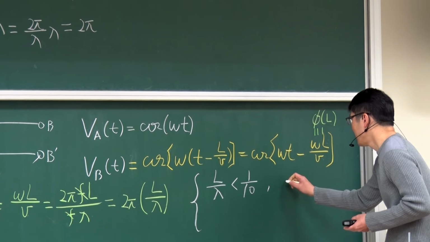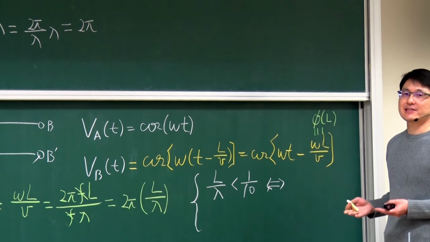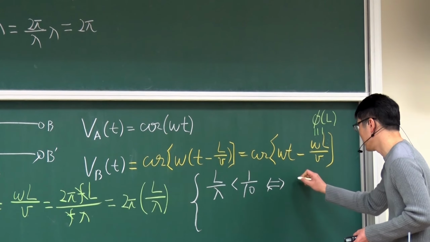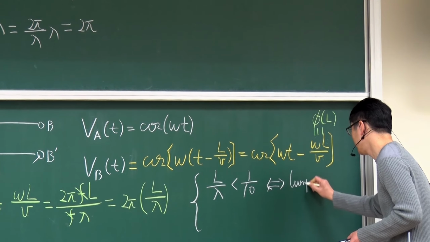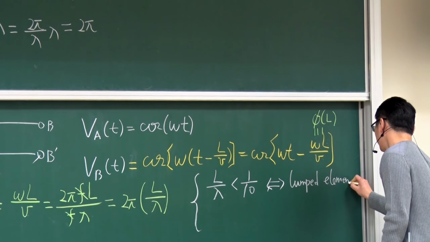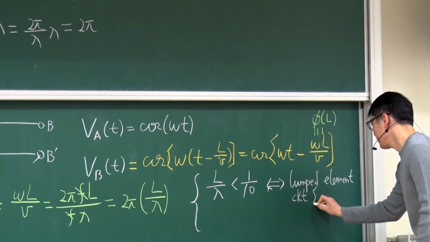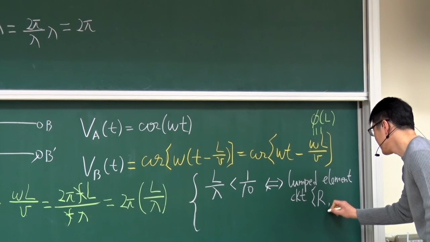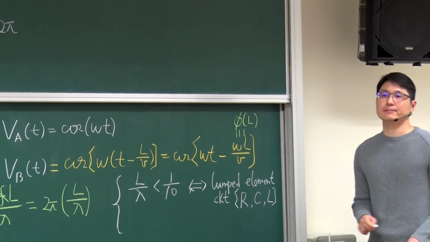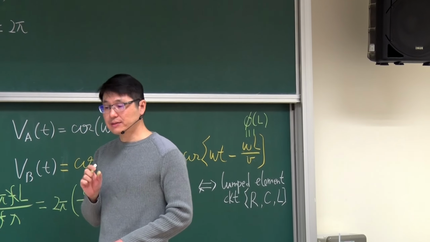In this case, that's a past. That's what you learned in the past in electric circuit. Lumped element circuit, where you have resistor, capacitor, inductors. Okay. This is something we touched on Monday.